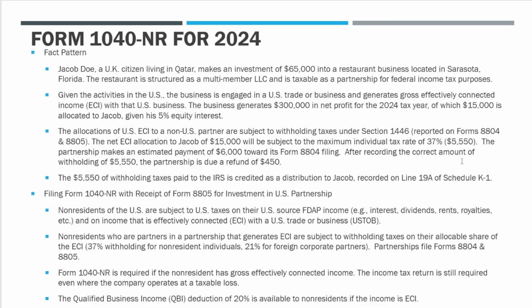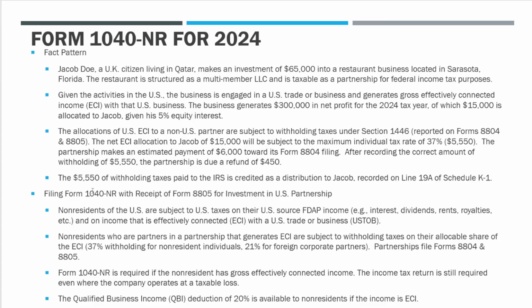$5,550. So when the partnership makes an estimated payment with its 8804, it paid $6,000 to the IRS. Now that was just an estimate for the partnership, and then after they do their actual books and figure out how much income is allocated to Jacob, they determine that he's going to be liable for that $5,550, but we paid in $6,000, so the partnership gets a refund of $450.